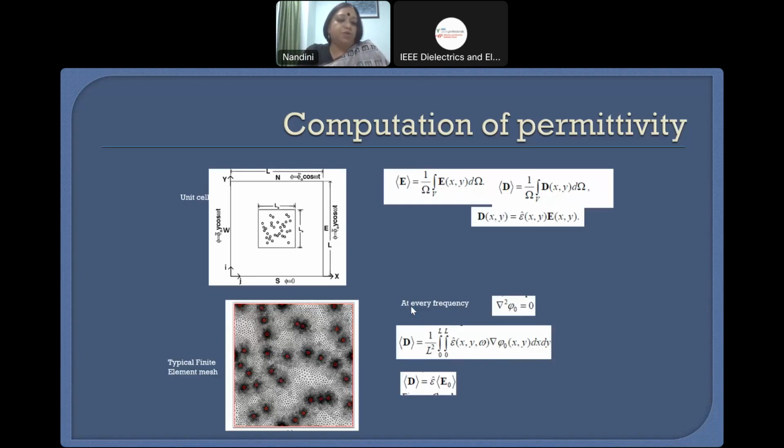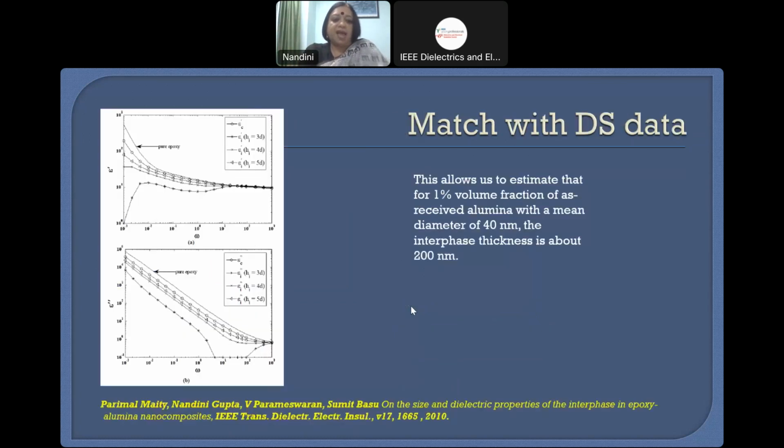Here also we have used FEM bitmap images of the real sample. And in each case, we take the particle positions, and around each particle position, we assume an interfacial thickness. We change the thickness, and we try to match the dielectric spectroscopy data obtained from lab measurements.